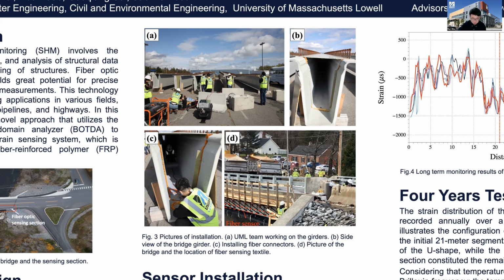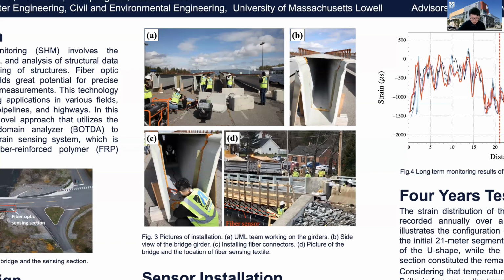The epoxy was carefully distributed using a brush to ensure even coverage, and any bubbles present were removed using plastic scraper blades. This process was repeated until the entire bottom surface of the girder was covered with sensing textile.